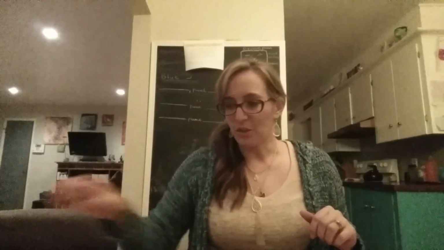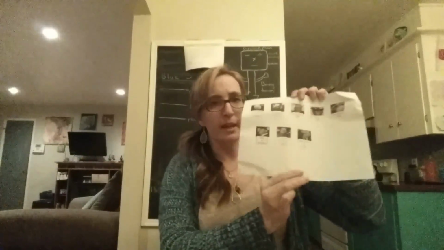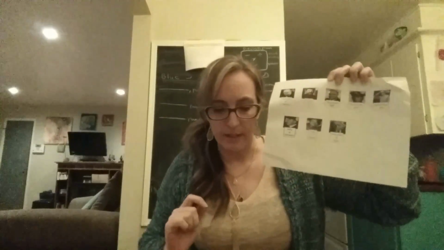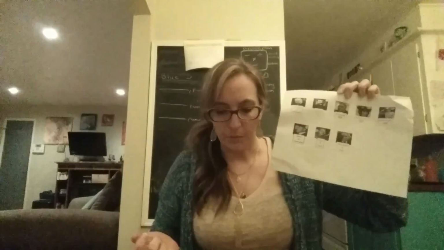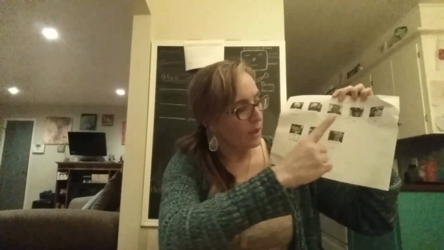Let's do history. World War II Axis leaders were, I had a paper that had the different leaders printed out on them, and we pointed to each one as we said it. World War II Axis leaders were Hitler of Germany, Tojo of Japan, Mussolini of Italy.